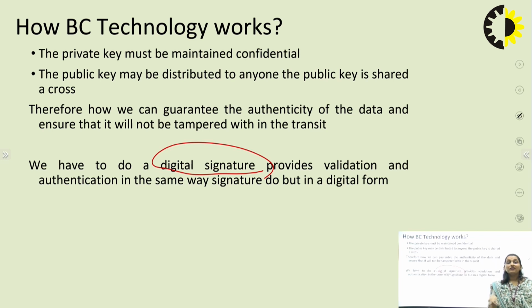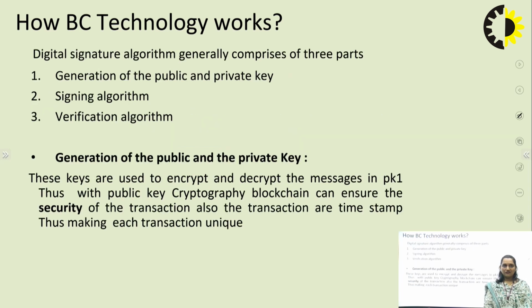Even if you don't trust each other, the person is authentic, which is done by blockchain technology. In a digital signature, we have generation of public and private keys, signing the document and verifying it. That is done by the blockchain verification part.